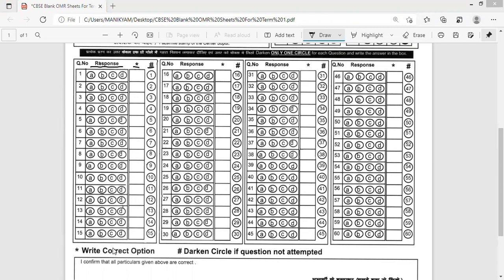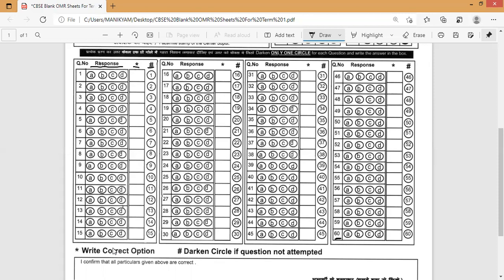The first point you have to remember is that there is space for answering 60 questions in this OMR sheet. The total number of questions is 60, irrespective of the total questions given in the question paper of any subject. Whatever the subject, you are going to receive the same OMR sheet. But you have to use only as many circles as the questions given in the question paper for giving responses.